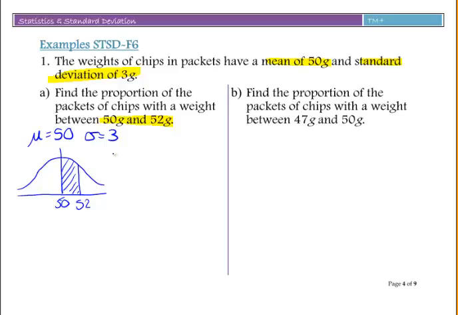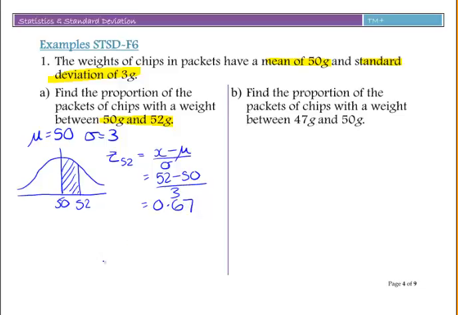Now my first step is to work out the Z score for that 52. My formula is X minus the mean over the standard deviation. So that's going to be 52 minus 50 all over 3, which gives me 0.67.